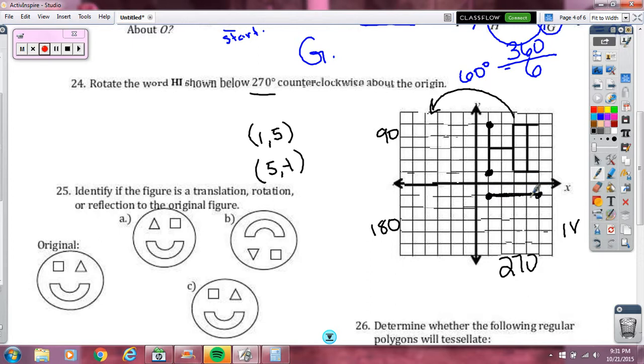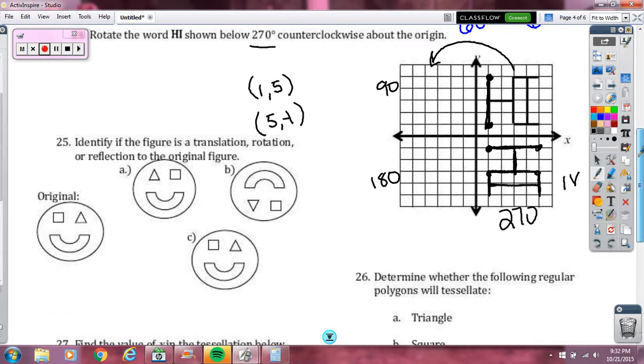So there's the side of my H. Once I've got that, I'm just going to use the drawing to figure out what the rest is going to look like. The middle part of the H has 2 units. There's the other end of the H. I'm drawing the rest. I just needed to graph a couple points to see where the word was going to start out, and then the rest of it I can finish just by counting and looking.